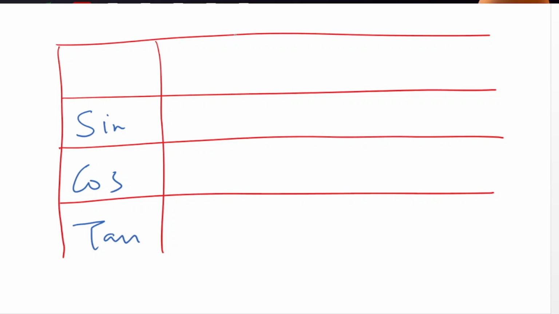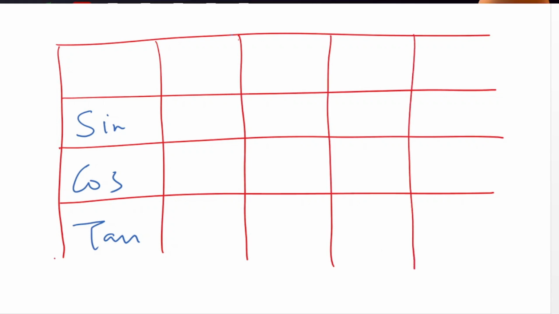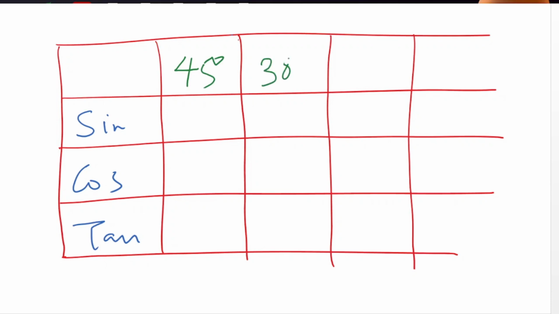We'll put the angles at the top: 45 degrees here, 30 degrees here, and 60 degrees here. Now we go through the table one by one.